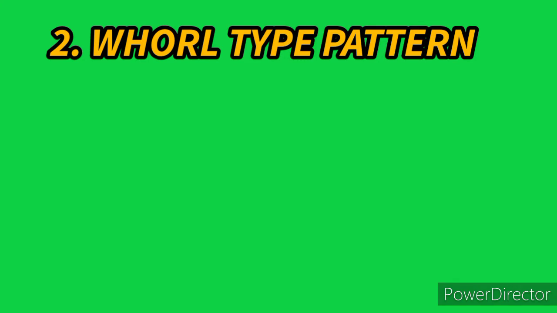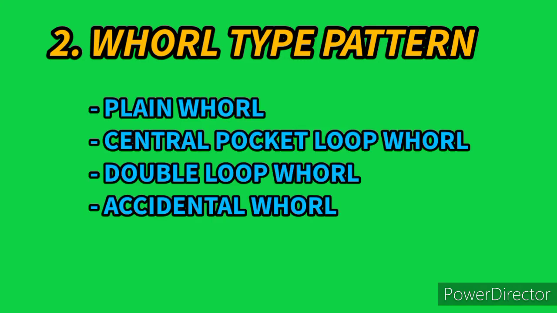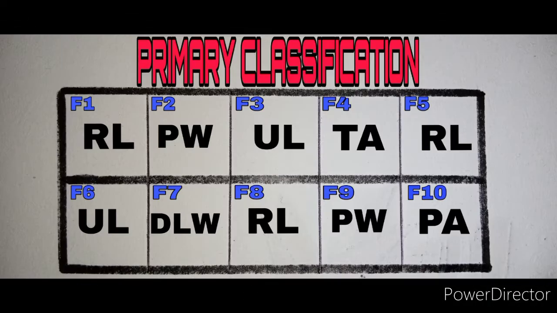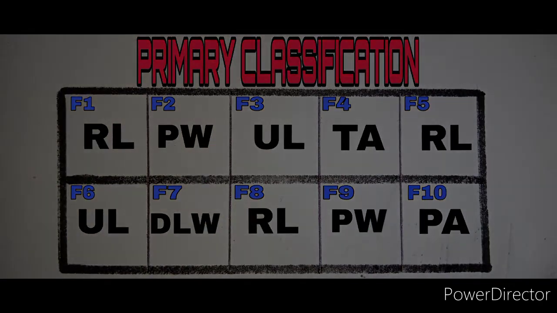Therefore, we should find the whorl type patterns and their composites, which are plain whorl, central pocket loop whorl, double loop whorl, and accidental whorl. In this chart, the fingers that have whorl patterns are finger 2, 7, and 9.